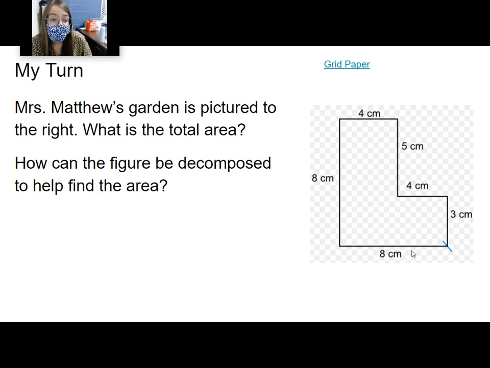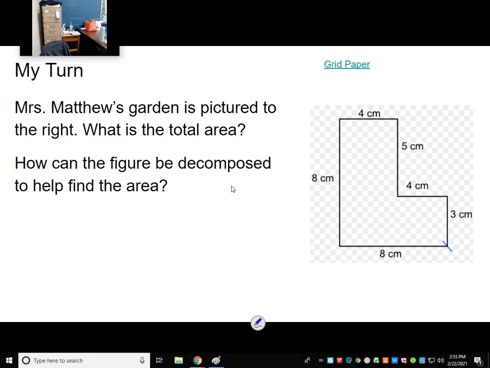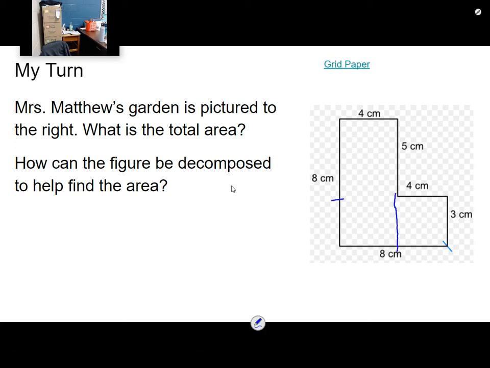I have a lot of different sides. So what I need to do is decompose or break apart this rectilinear shape into friendly rectangles, okay? So what I'm going to do is I think I'm going to split it up this way. Okay, I think I'm going to split the rectangle this way. You could have split it this way.